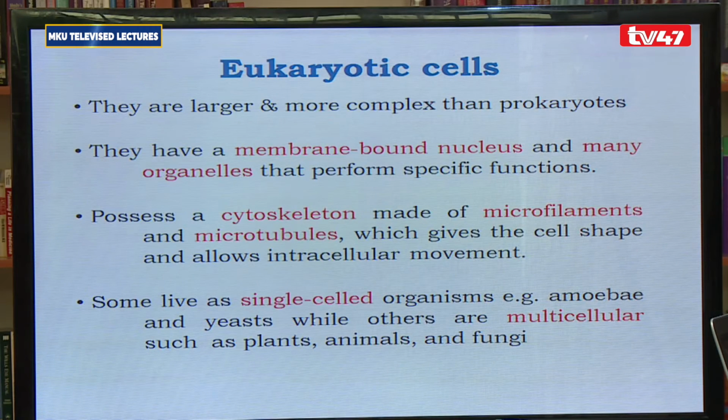The other type of cells are eukaryotic cells. Eukaryotic cells are larger and more complex than prokaryotic cells. Like we said, they have a membrane around their nucleus, and they have many organelles which also have membranes.